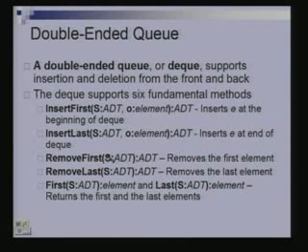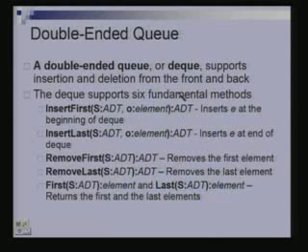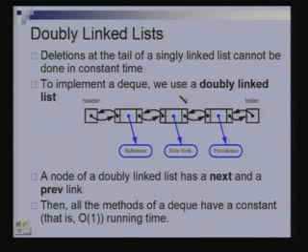And as you can see, a singly linked list is not a good idea to implement such a double-ended queue. Why? Because as I have said repeatedly, we cannot remove the element at the tail, or it is expensive to do this. So, what is a good solution to this problem? We are going to use what are called doubly linked lists to implement double-ended queues.